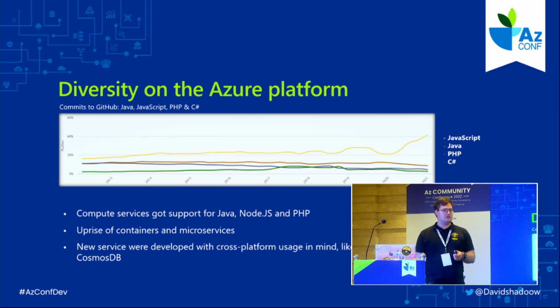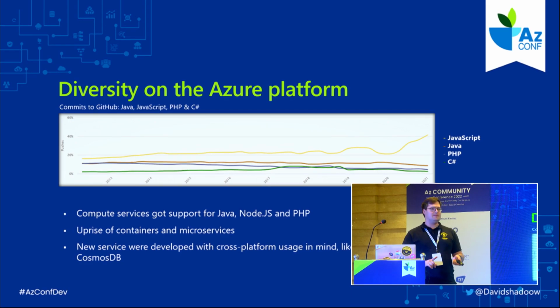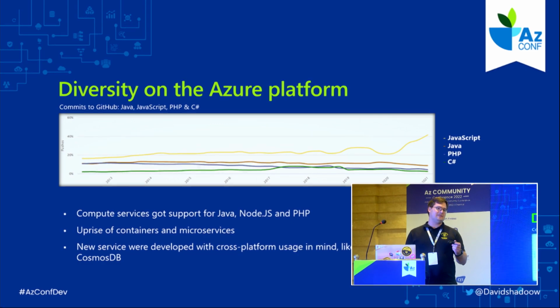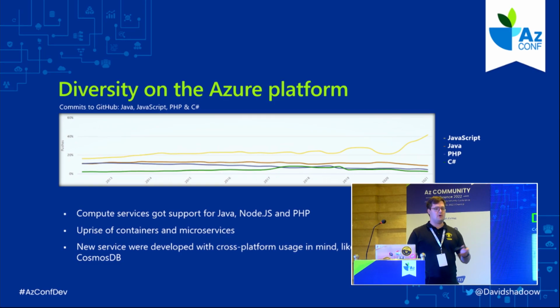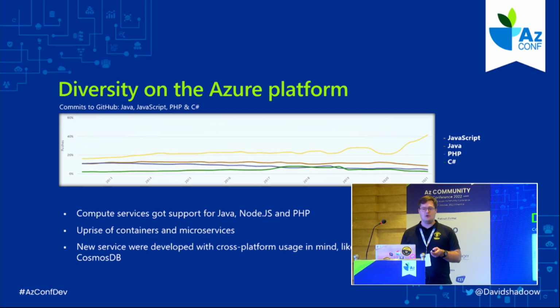Azure Cosmos DB, for example, was developed from the ground up to be cross-platform, with SDKs for MongoDB, for SQL, for Cassandra, and for all of these languages. So there is an SDK for Mongo for Java, Mongo for .NET, Mongo for Node in Cosmos DB, which is really great because it makes life easier to go to a different programming language if you so want to.